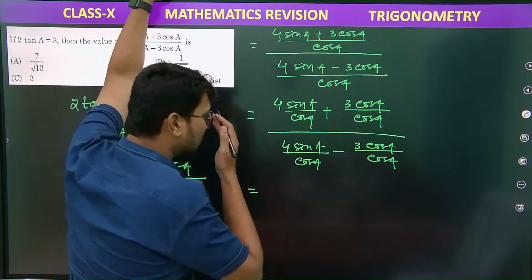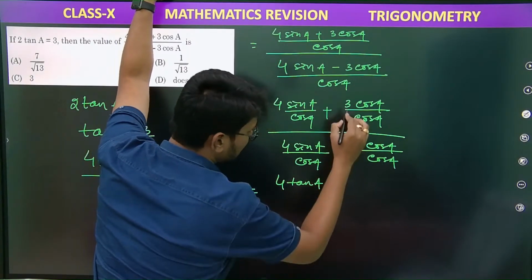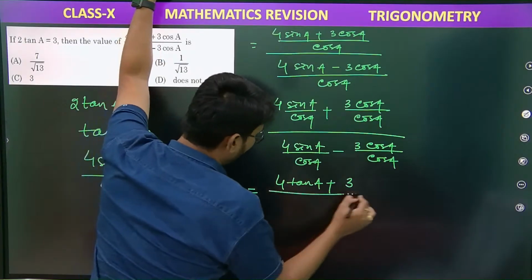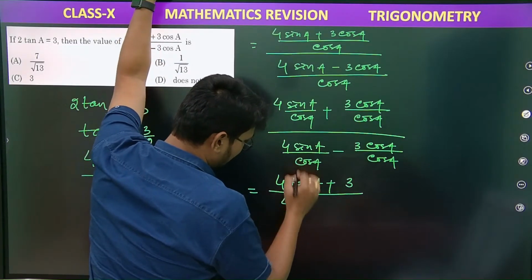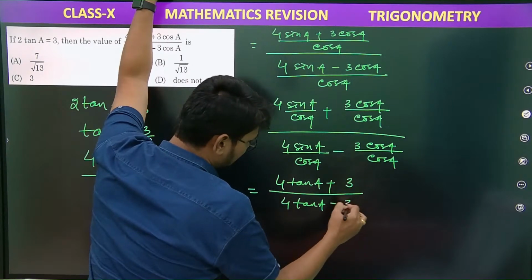Sin by cos is tan. So 4 tan A plus, it is how much? Cos A by cos A is 1, cancelled, right? So what is left? 4 tan A minus 3.